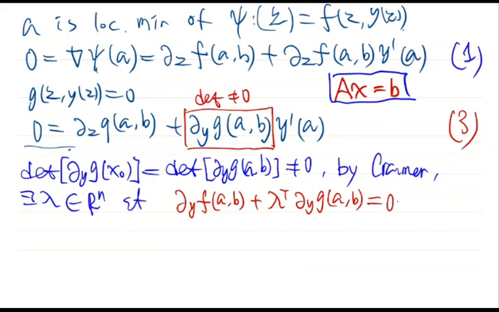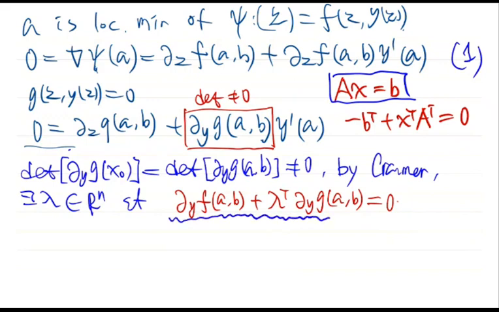But this system of equations can also be written as minus b transpose plus x transpose A transpose equals 0. You can also write this equation in this way. So our system of equations is precisely the transpose version of the system of linear equations.